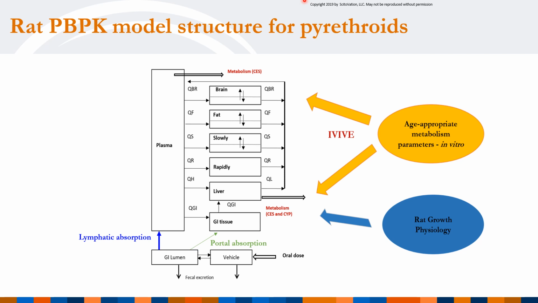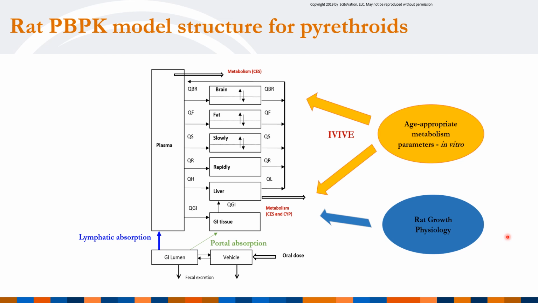The model simulates pyrethroid exposure by oral and IV routes, and incorporates age-dependent rat physiology as well as maturation profiles of pyrethroid metabolism mediated by carboxylesterase and cytochrome P450 enzymes in plasma and liver. We also included a vehicle compartment to describe pyrethroid kinetics with different dosing vehicles.